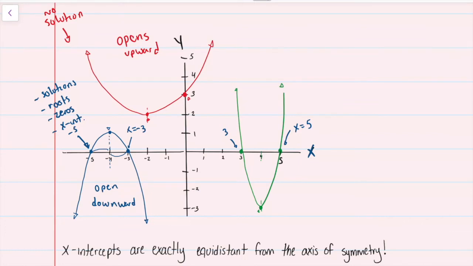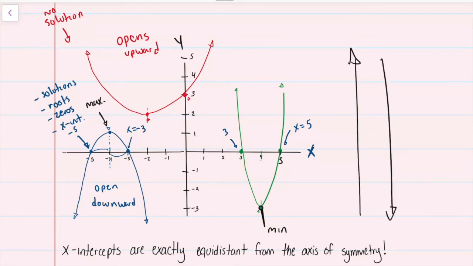Now, other vocabulary words you're going to focus on later on. Look at this guy over here. Sometimes a parabola is going to have a minimum, and sometimes it's going to have a maximum. When you're talking about minimum and maximum, you're always talking about the y, because the y is the one that goes up and down.